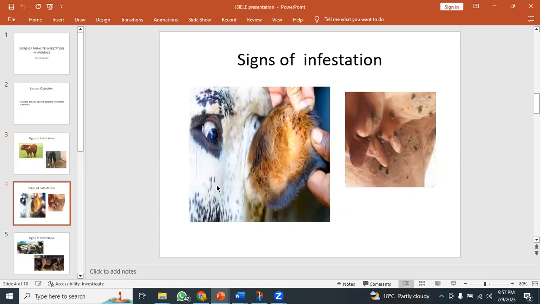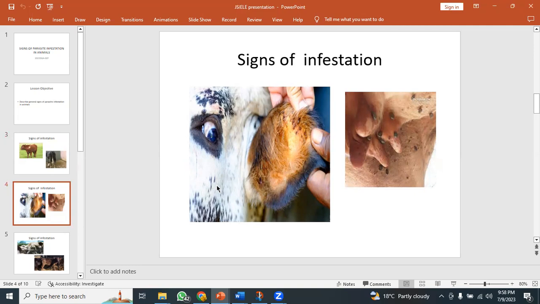Anyone who can see anything on that slide? Can see ticks on the ear. Ticks on the ears of the animal. What else?